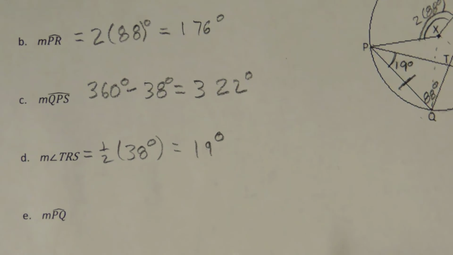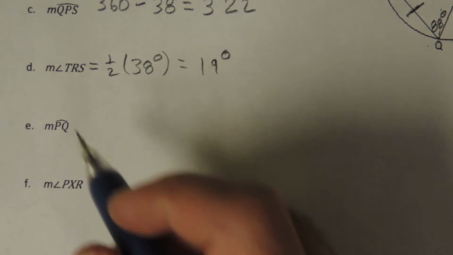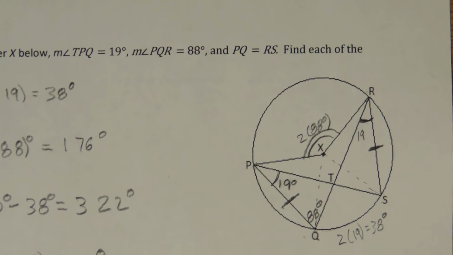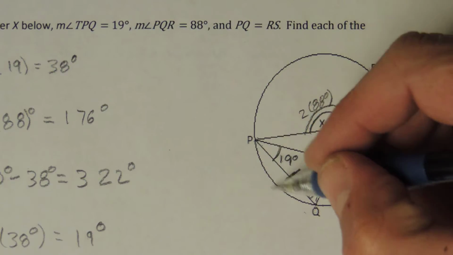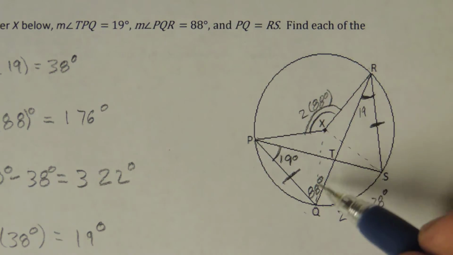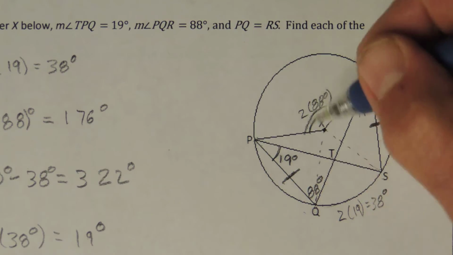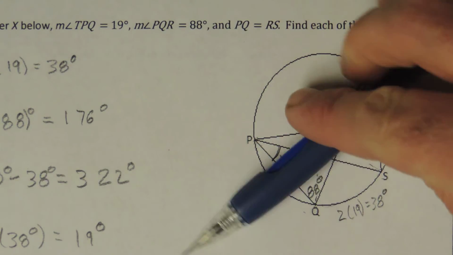Gets a little bit challenging here. I want the measure of arc PQ. When I come back, the arc PQ goes along here. I don't have an angle associated with that arc. I don't have this central angle in here, the angle from here to here.